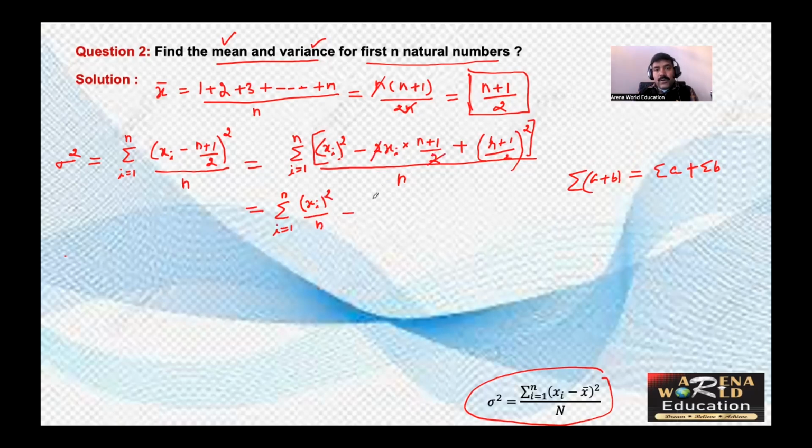We are left with what? N plus 1 divided by n, right? And this is a constant, n plus 1 divided by n. And we can write it as summation, yes, i equal to 1 to n xi. Always remember summation k xi, where k is a constant, can be written as k into summation xi.